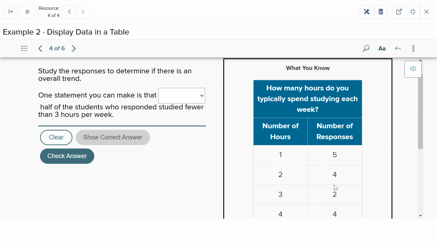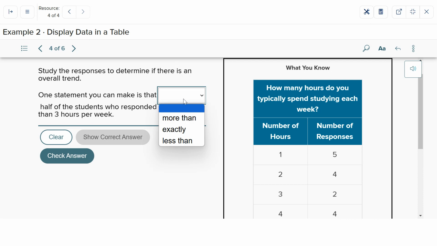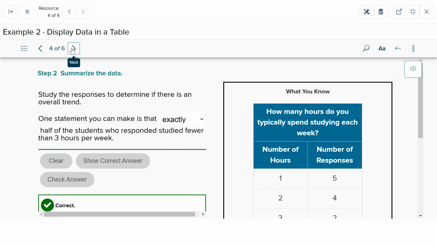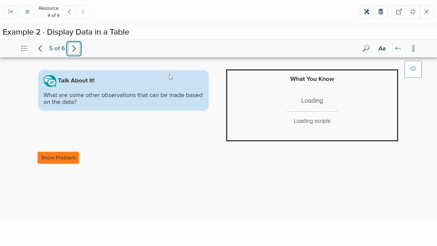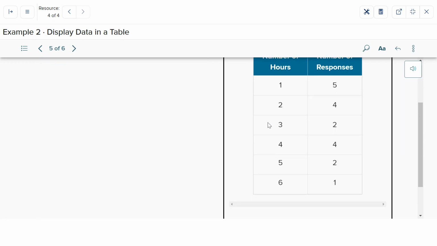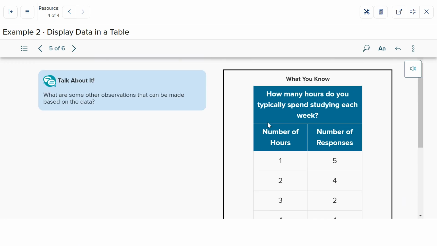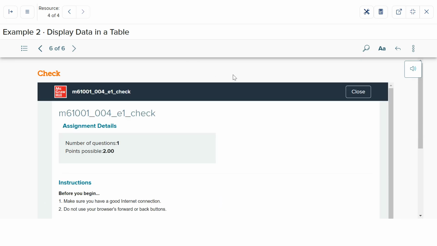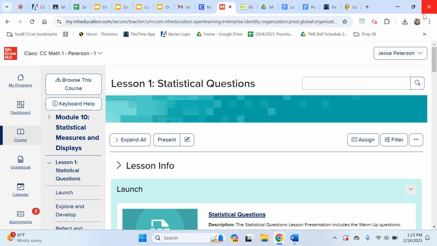That's going to be 5 plus 4, which is 9, which happens to be exactly half of the students because we have 18. So we're just practicing analyzing the data here. We're going to get more into it eventually. But for now, I want you to just try it yourself. Fill in this table, make a selection, and we'll deal with the rest in class.